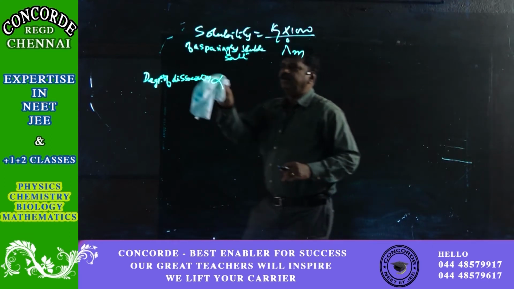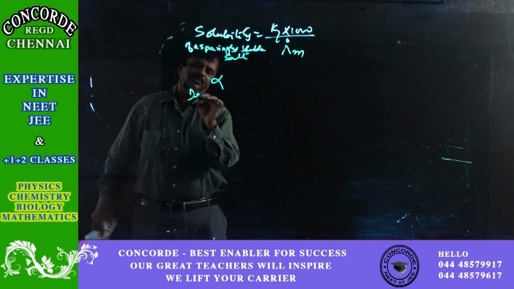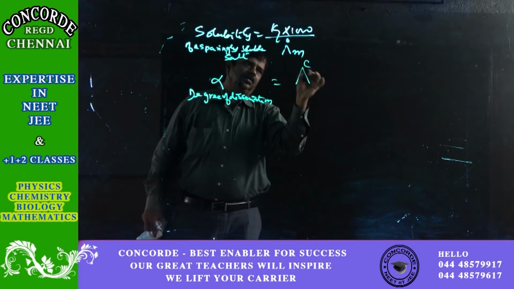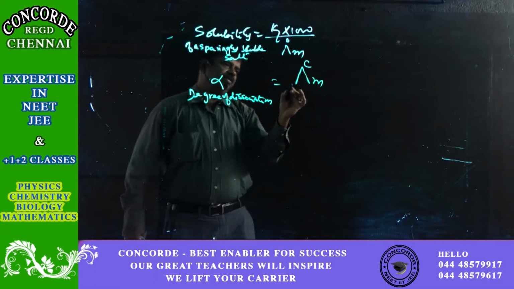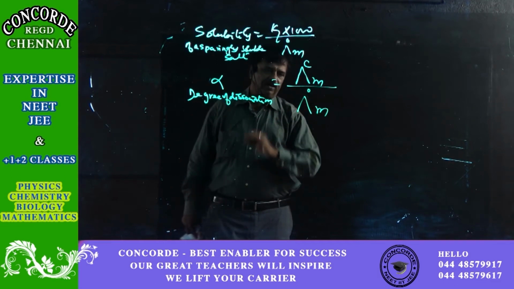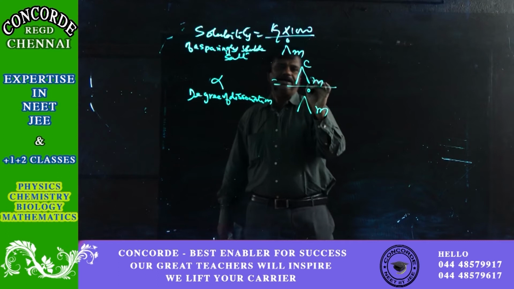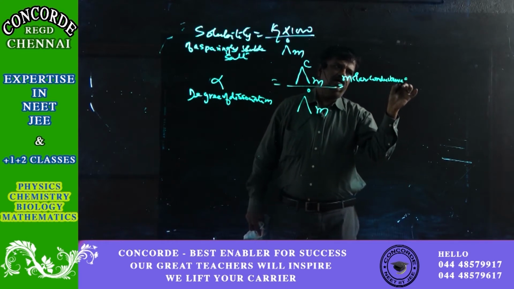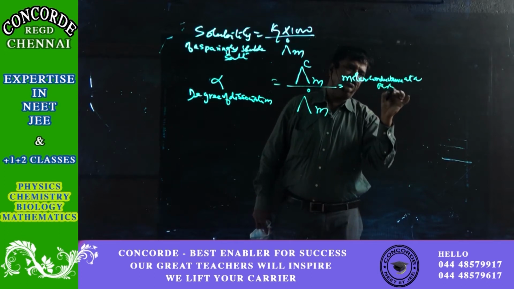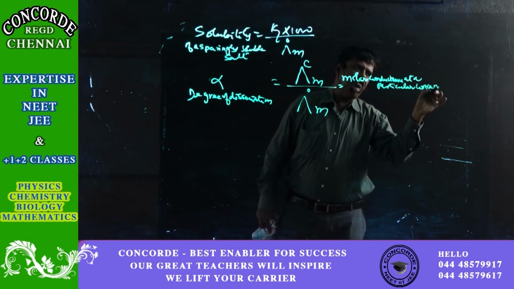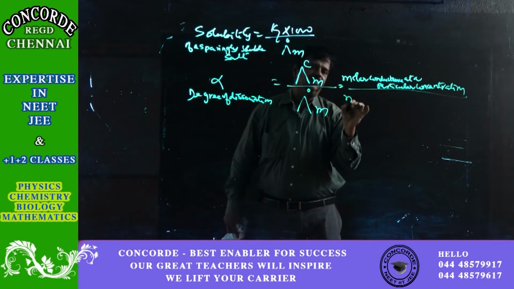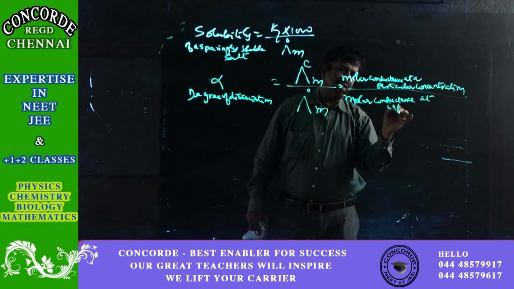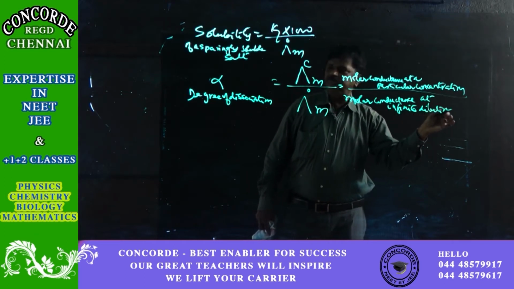Degree of dissociation alpha is equal to the molar conductance at a given concentration divided by the molar conductance at infinite dilution. So this is the degree of dissociation.